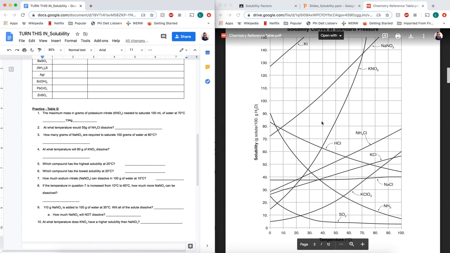So all of this mass of potassium nitrate above the saturation line that's in the liquid, that's what we call supersaturated. And as you cool, that solute will gradually become solid and come out of solution, precipitate out as a solid.